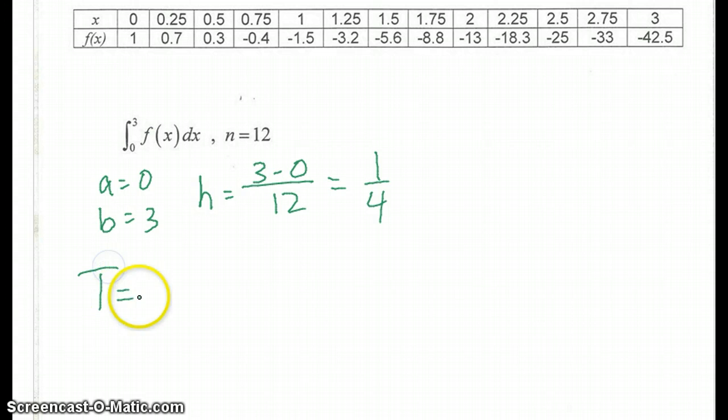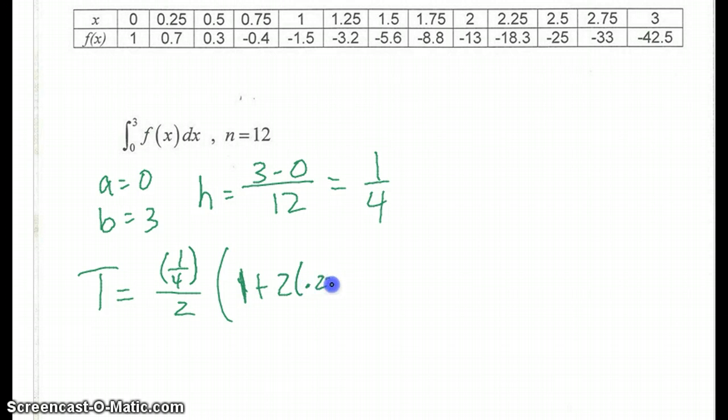So for the trapezoidal rule, we are going to have 1/4 over 2 times 1 plus 2 times 0.25 plus 2 times 2.75 plus 3.